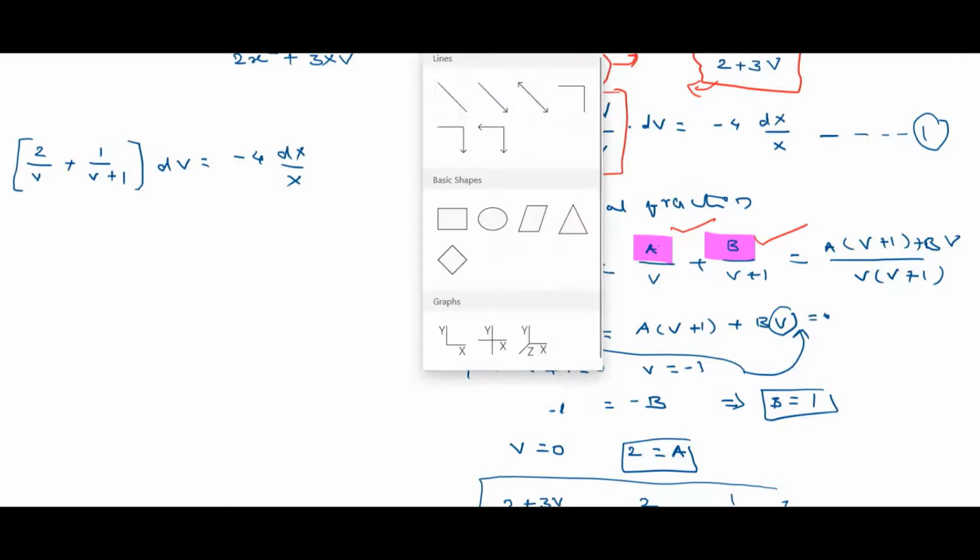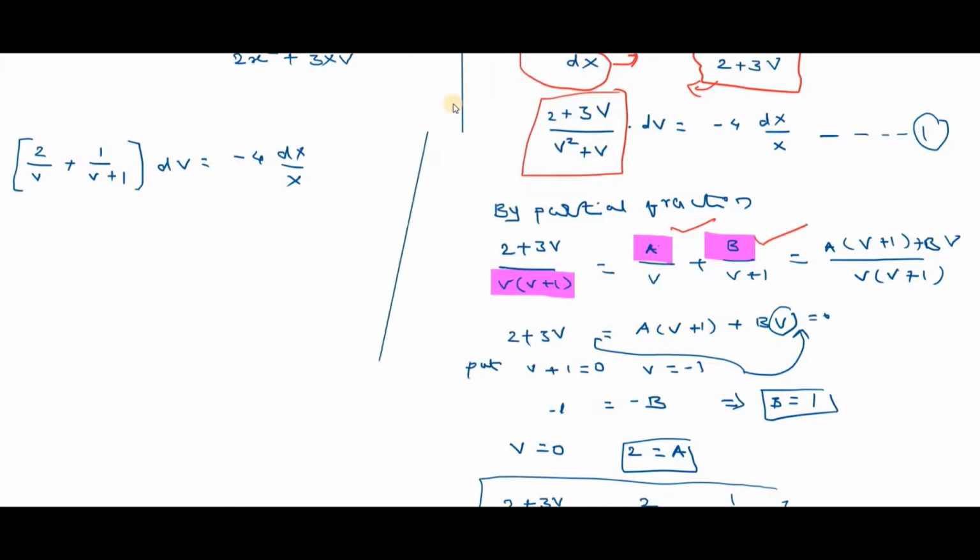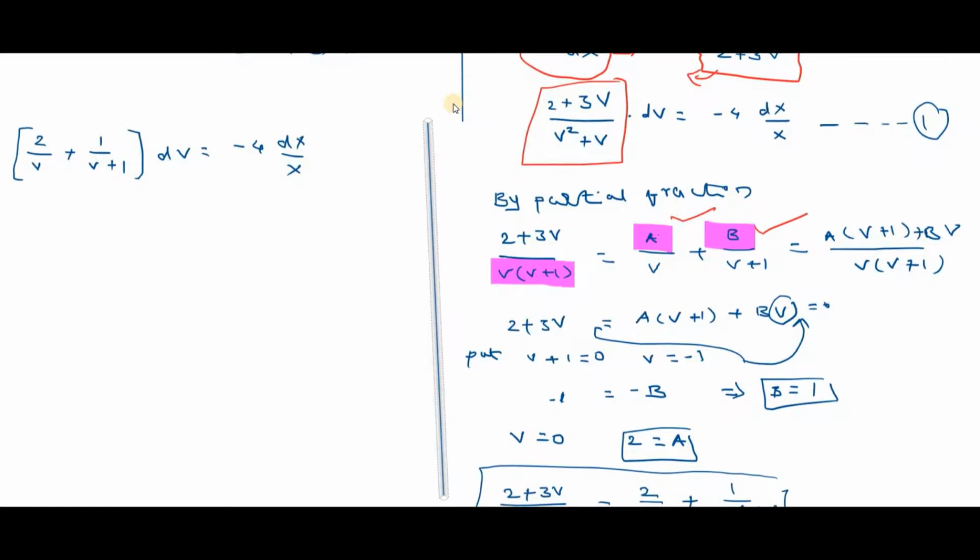Okay, now on integrating we get... What is the integration of the first term, 2 divided by v? 2 is written as it is, the remaining term is 1 by v, and integration of 1 by v is log v, plus.